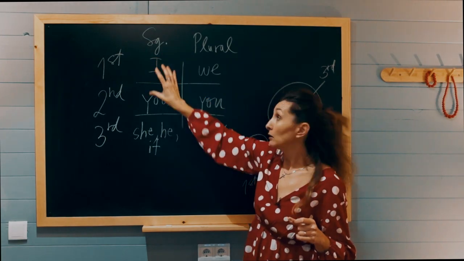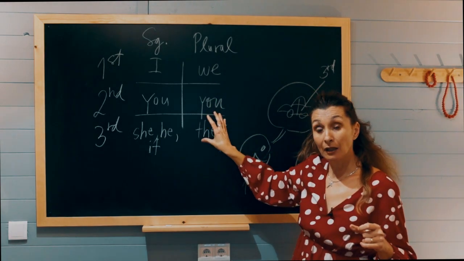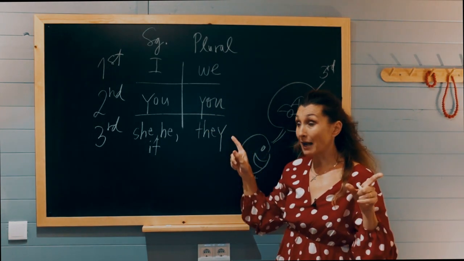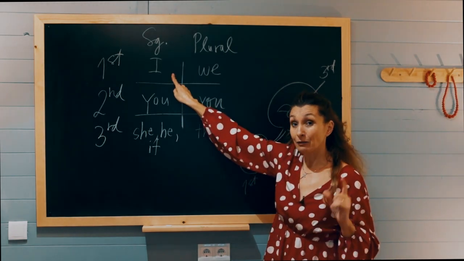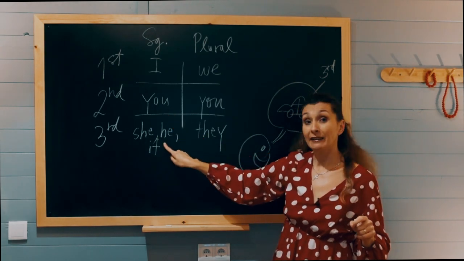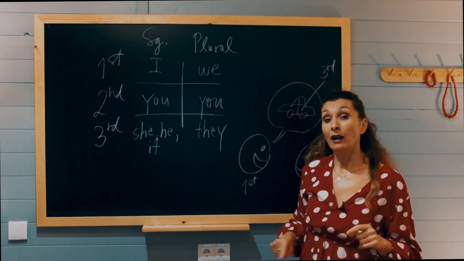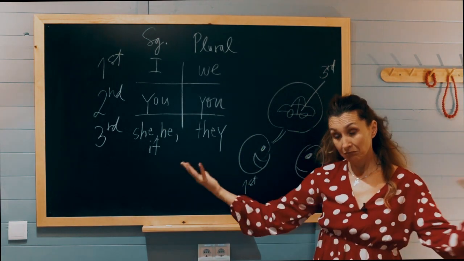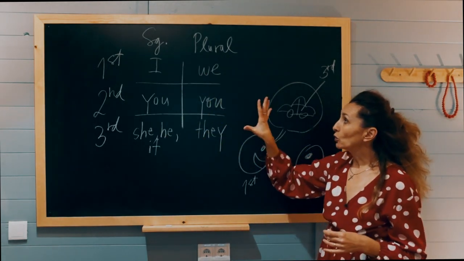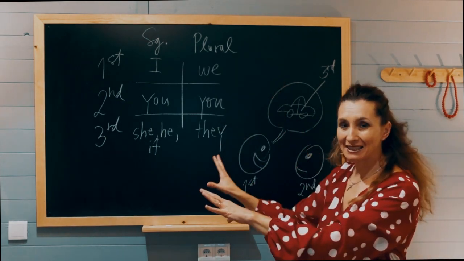Top left corner, middle left and bottom left, top right, middle right and bottom right are always there to remind us that this is I, first person singular, you, second person singular, and here he, she, it. Okay, and same here on the right. We, you, and they.